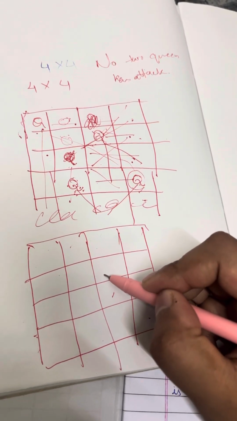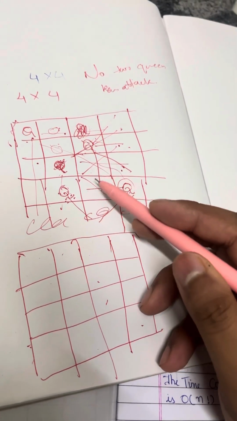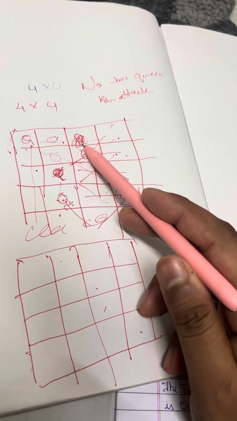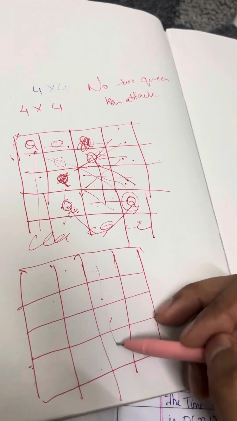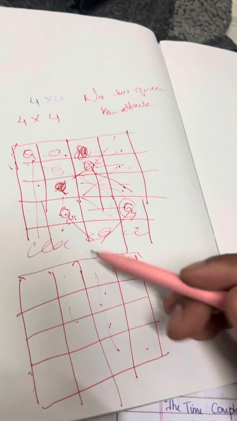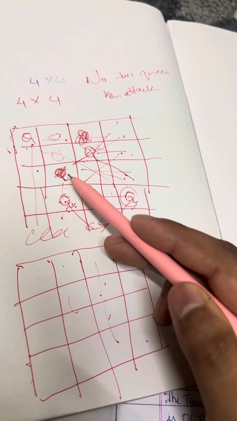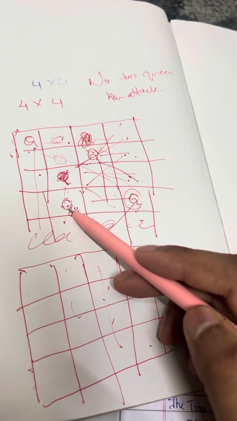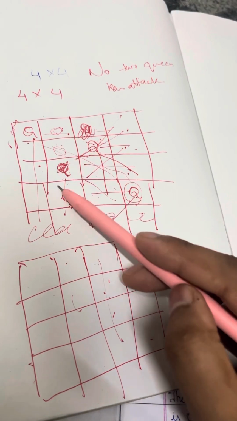When you backtrack, you have no place to keep your queen because these 2 places are danger zones. This place is also a danger zone, so you cannot put your queen anywhere in this column. So backtrack again. You have already seen that these 2 are danger zones, and here you have already backtracked. So there is no place for the queen in this column also.